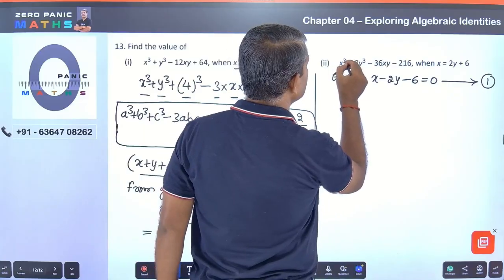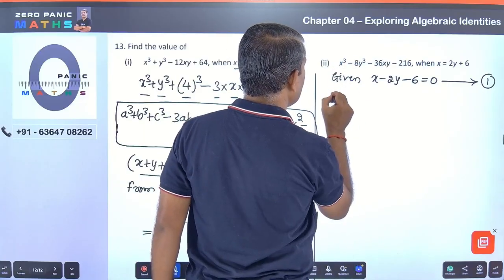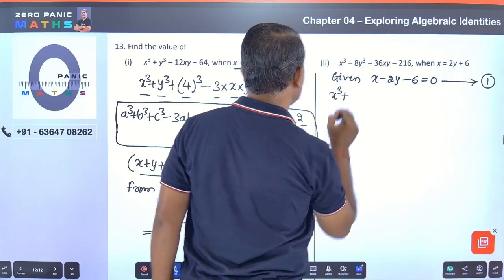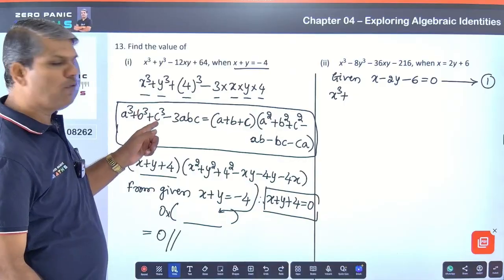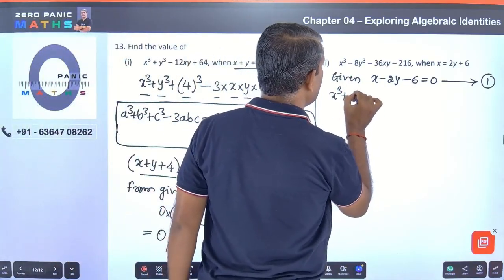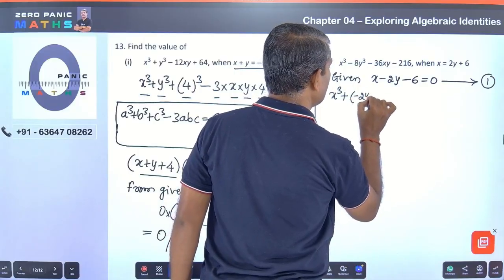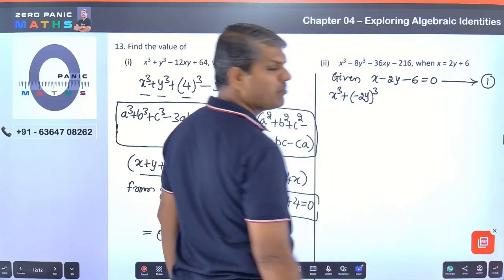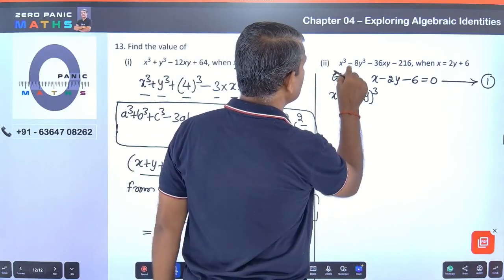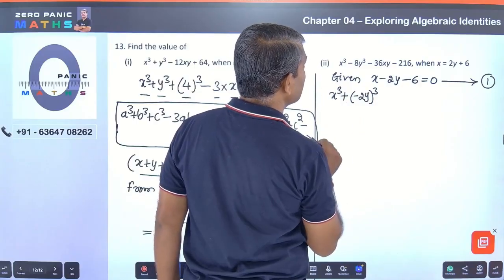Now let us write this as x cube plus, so I want it in the a cube plus b cube plus c cube format, right? So I'll write plus, and minus 8 I will write as minus 2y whole cube. I'm writing it as minus 8y cube, because this minus I want to be made as plus.